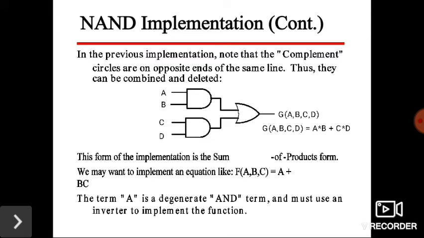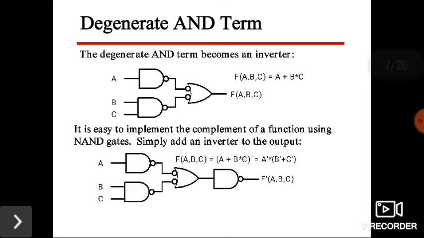The term A is degenerate as an AND term and must use an inverter to implement the function. Then the degenerate AND term becomes an inverter. This we actually saw in the previous slide. It is easy to implement the complement of the function using NAND gates. So after the simplification we will get this.